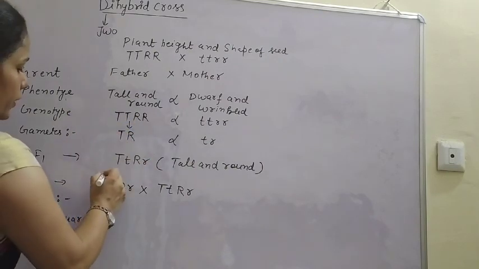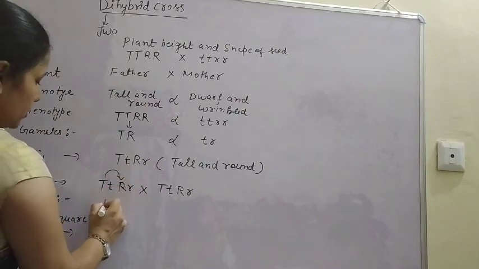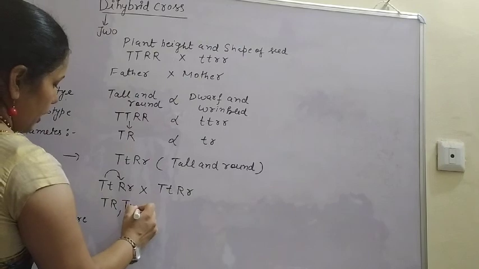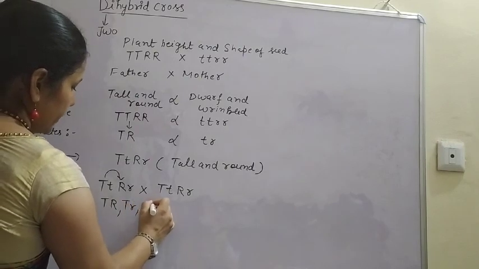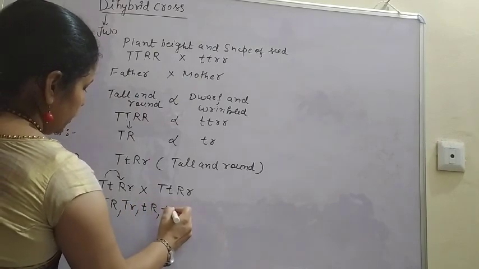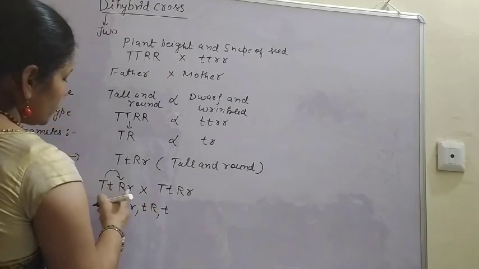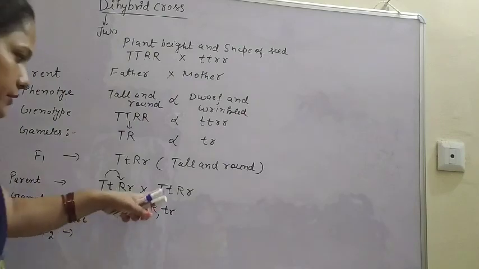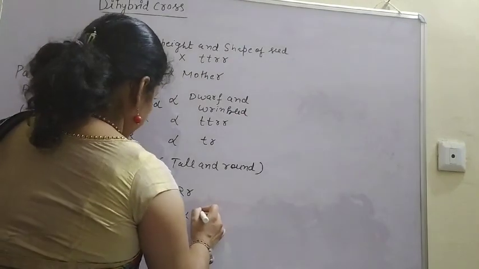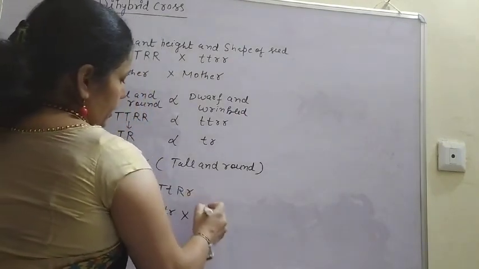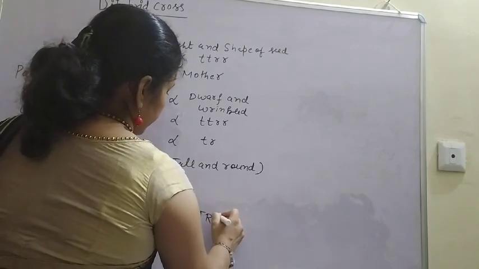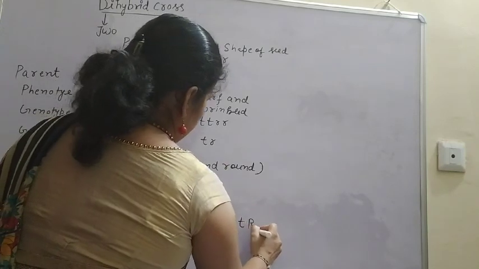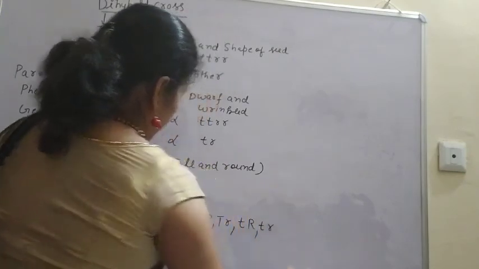So like that you have to make the gametes: capital T capital R, capital T small r, small t capital R, small t small r.